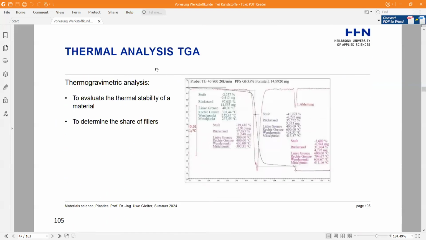So thermogravimetric analysis, the purpose is to evaluate thermal stability of material and determine the share of fillers.